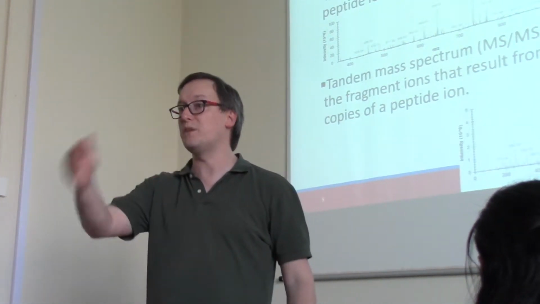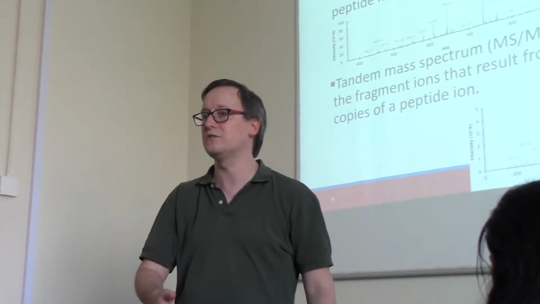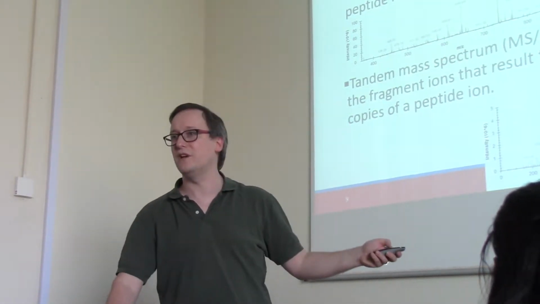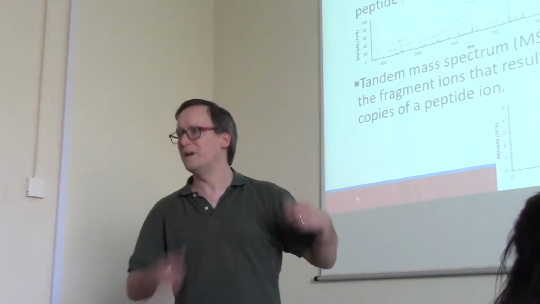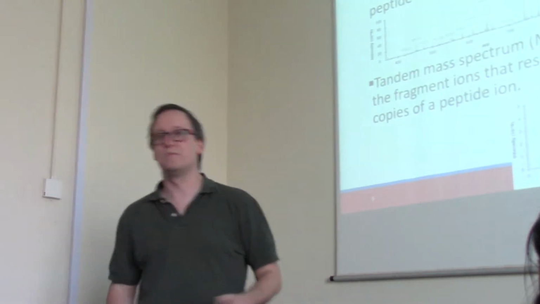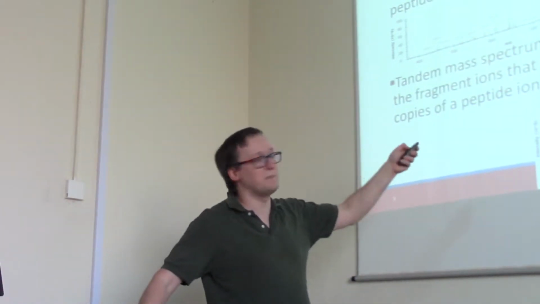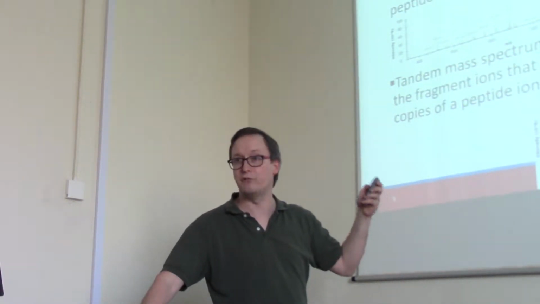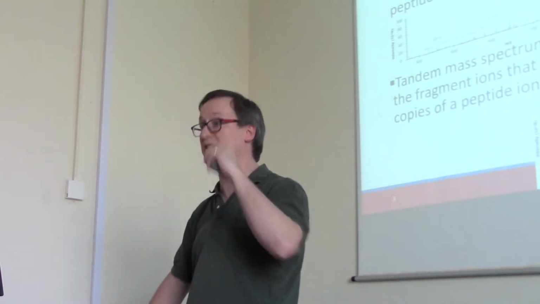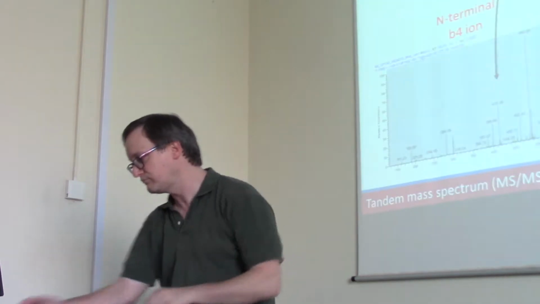So instead of being divided by 2 to produce their mass to charge values, you divide it only by 1. So you get a larger m over z value from a lower m over z precursor because of the charge difference. All right, so the mass spectrum represents the peptides flowing off the liquid chromatography right now. The tandem mass spectrum represents the fragments from a particular peptide.